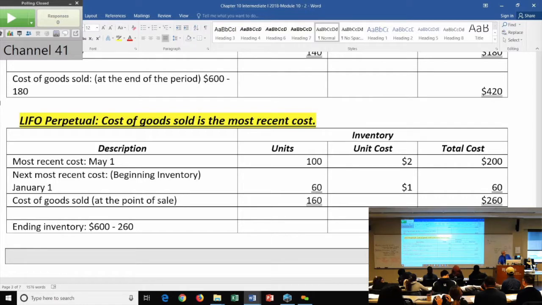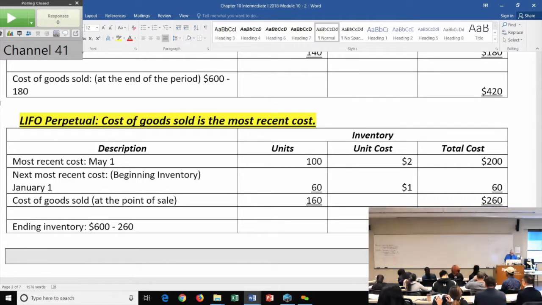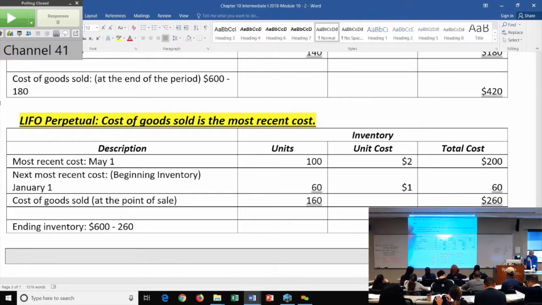Now remember, so again, if this is LIFO Perpetual, sale takes place here, last in, first out, got 100 at $2 and 60 at $1. Right, so you're going this way.